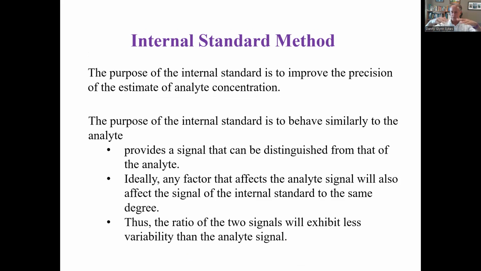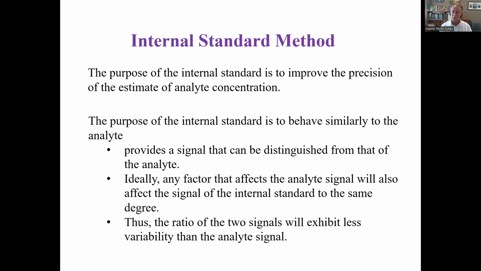Its signal will bounce around as well, but the ratio of those two will always be the same, because if this one in one instant increases, so will this one, okay, because it will respond similarly to the instrument, right? So that ratio remains constant. So they can both do this, but the ratio will be relatively constant. And that's the goal right there. Okay, so the ratio of the two signals will exhibit less variability than the actual signal itself, the analyte signal.